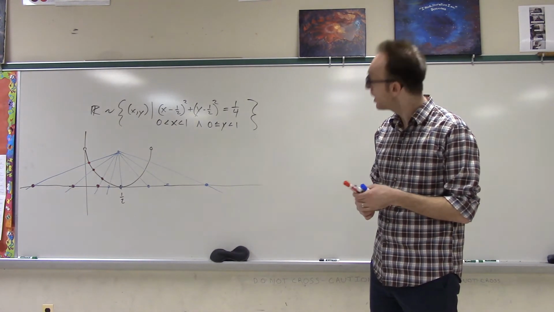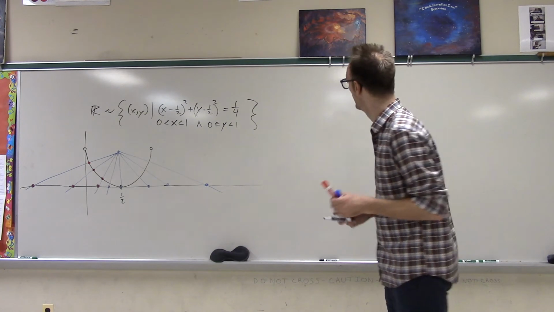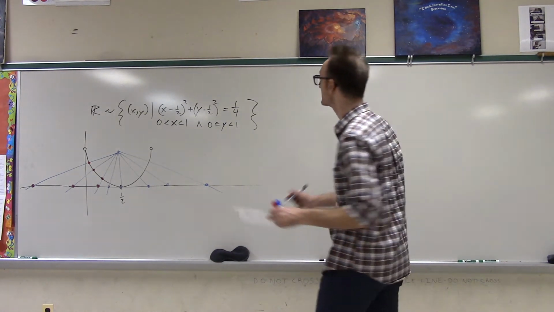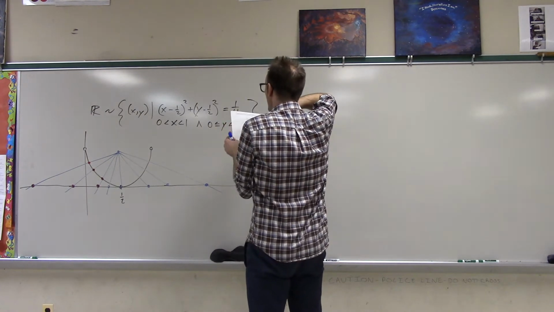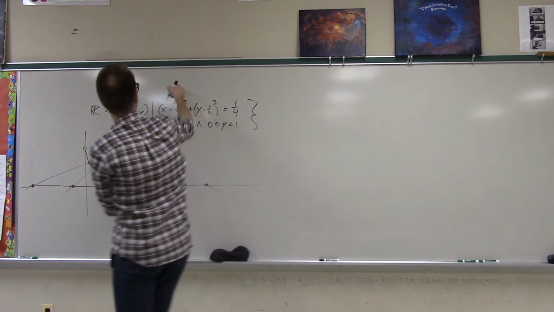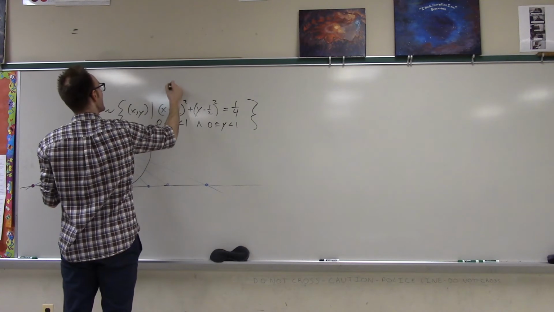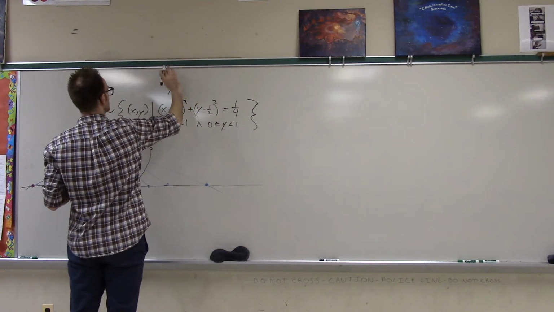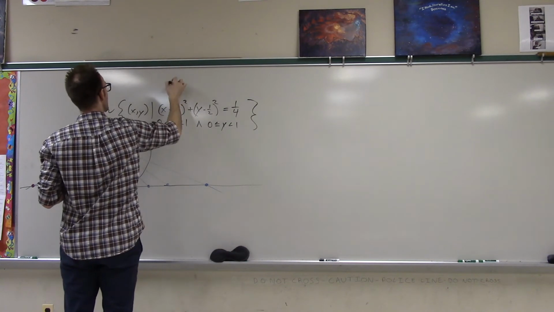Okay, so now comes part 2, which I guess is number 8. Let's call this set SC for semicircle.